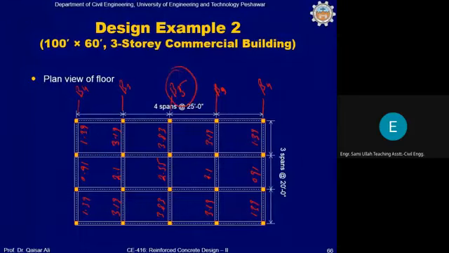Because loading on this beam is different. Clear है ना? Hello? आवाज आ रही? यस सर. So this beam is now different from the other beam. So this is B4, B3, and B5. Again, this will be B4, sorry, B3, and this is B4.